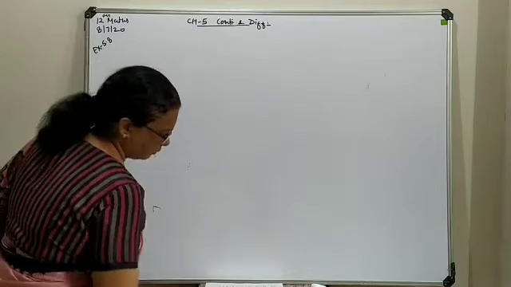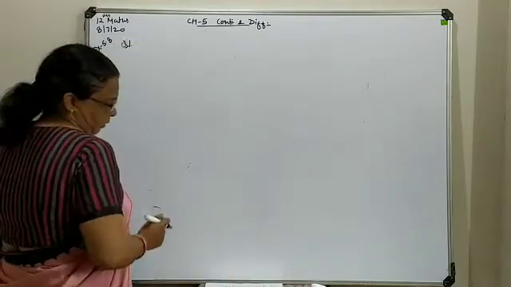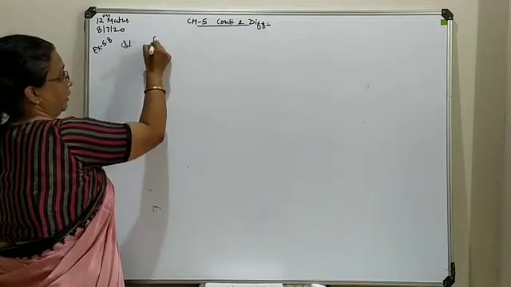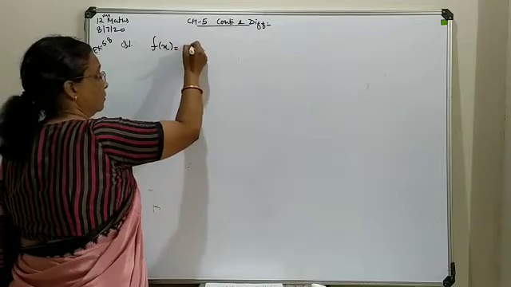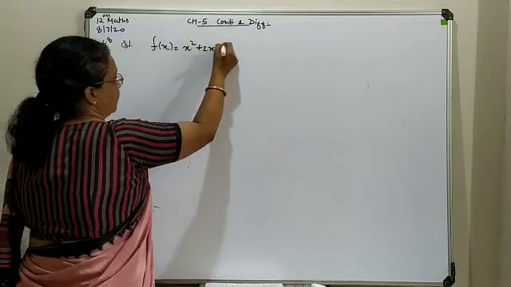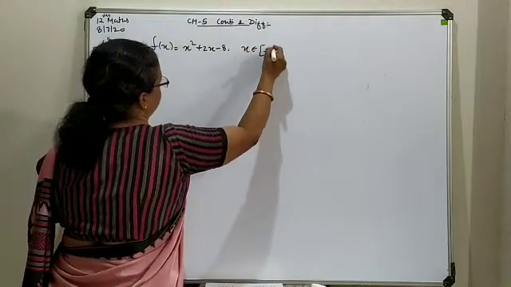In the first question, your function is f(x) = x squared plus 2x minus 8.